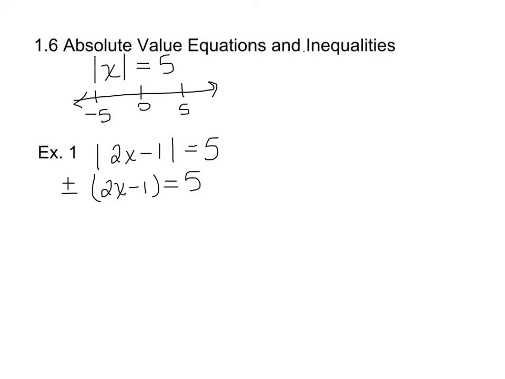So if we distribute the positive, we would get 2x minus 1 equals 5. Or if we did the negative, we would get this. Make sure you distribute the negative to both.